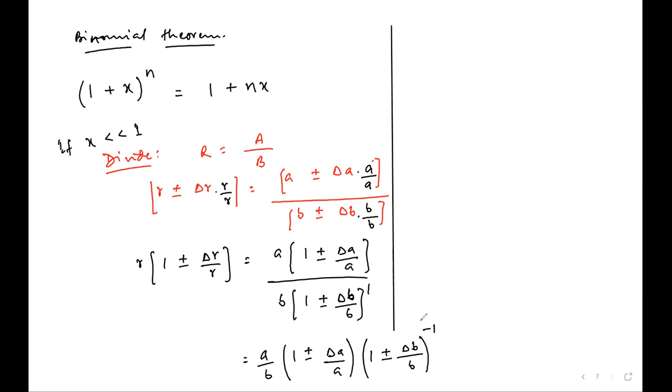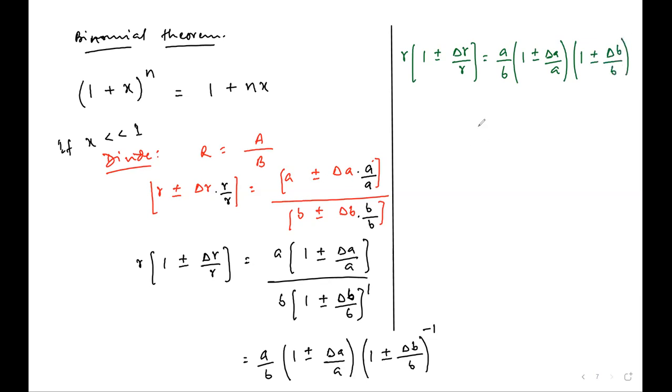But this is error, which can never be negative. So it will be R(1 plus minus delta R by R) on the left hand side, A by B(1 plus minus delta A by A) and (1 plus delta B by B). If you multiply this part with this term, but this is error which can never be negative, so it will be as it is, delta B by B.